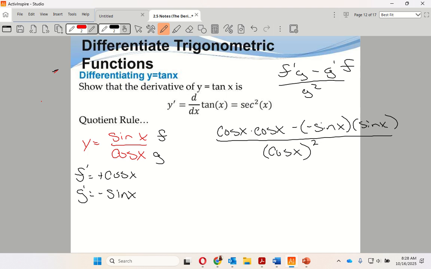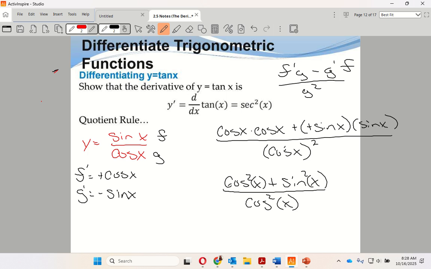Normally that's not how you see it, you see the cosine with the 2 right there, but it means the same thing. Negative negative on top gives me a plus, so that's cosine squared x plus sine squared x over cosine squared x.